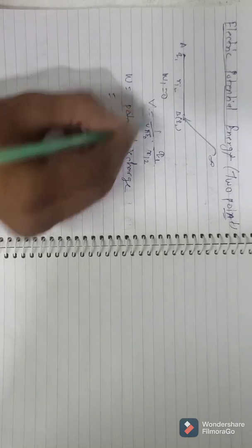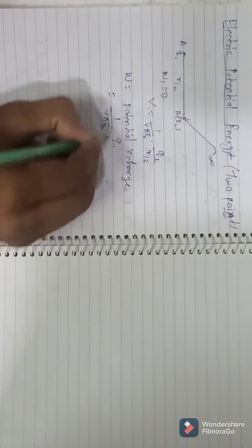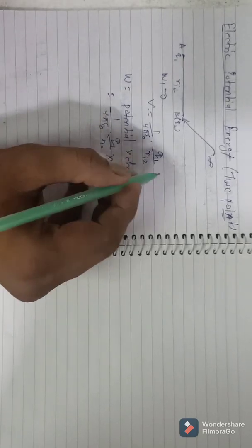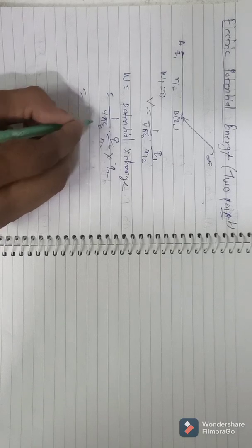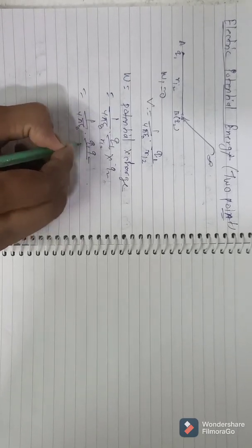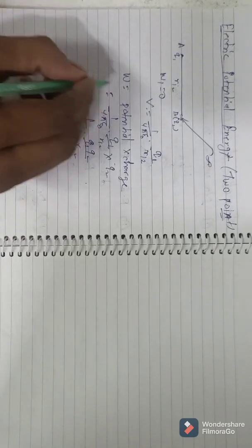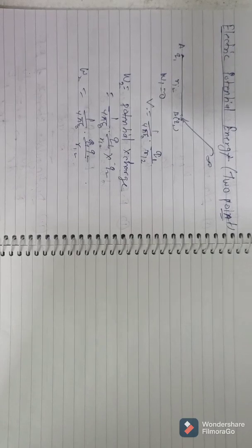What is the potential? This is the only potential. And what is the charge? The charge that we are bringing, so q2. So the formula becomes 1 by 4 pi epsilon naught q1 q2 by r12. This is the second work done, because this is the work we do to bring the second charge.